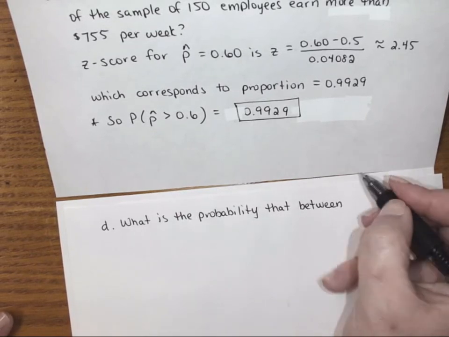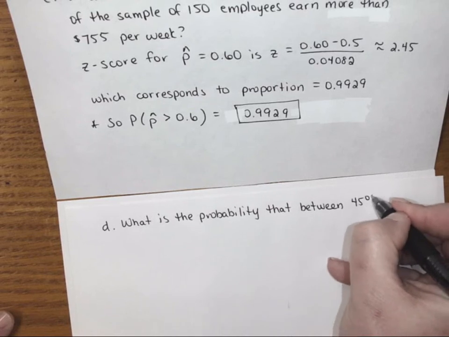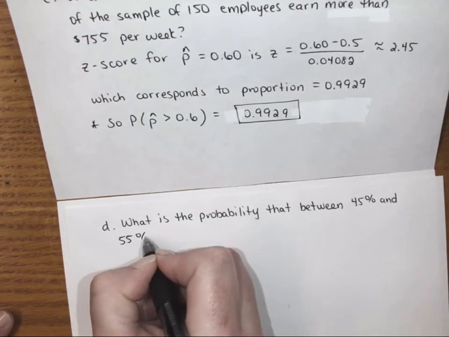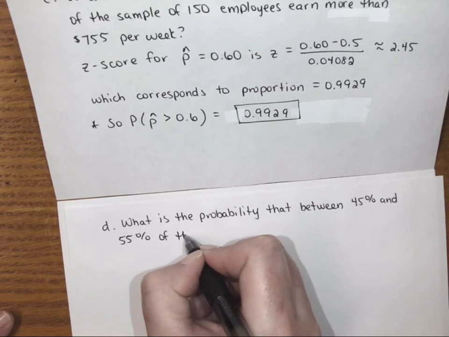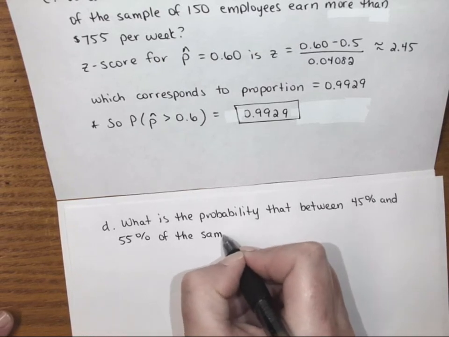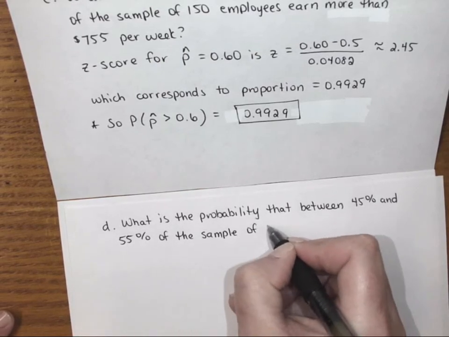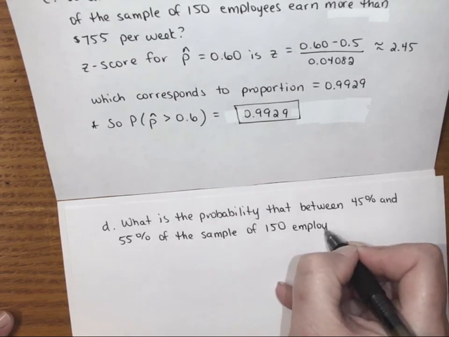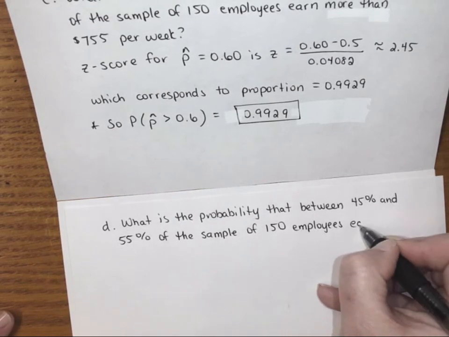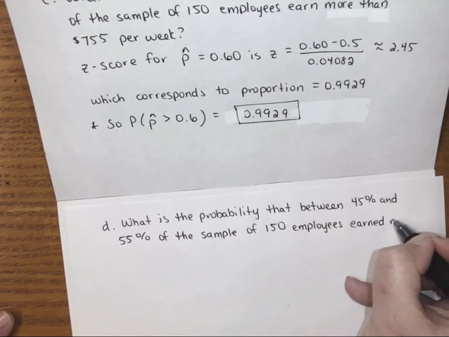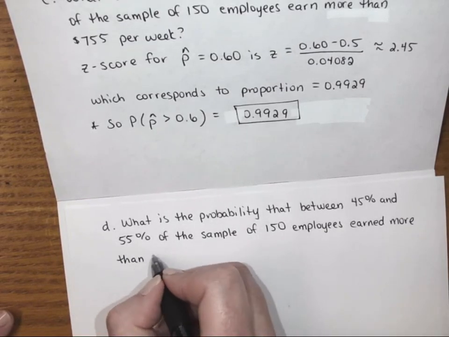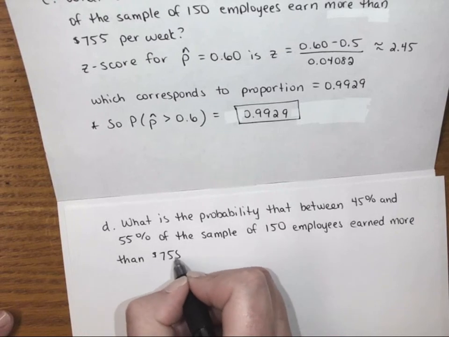But what is the probability that between 45% and 55% of the sample of 150 that we took earned more than $755 per week?